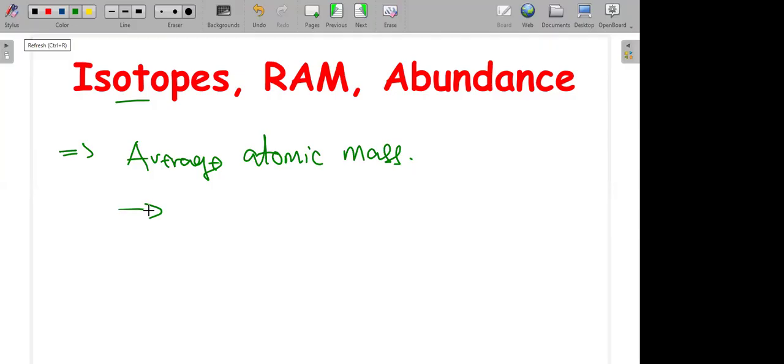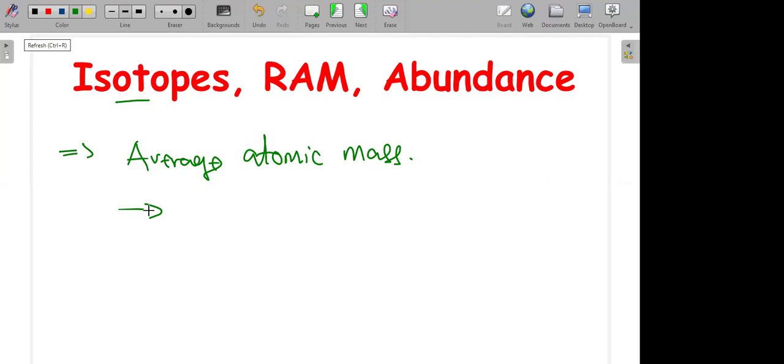Relative abundances. It's the weighted average mass of all isotopes of an element based on their relative abundances. So if you missed the definition, don't worry. I'm going to send the notes after the class so that you can go through at your own time.